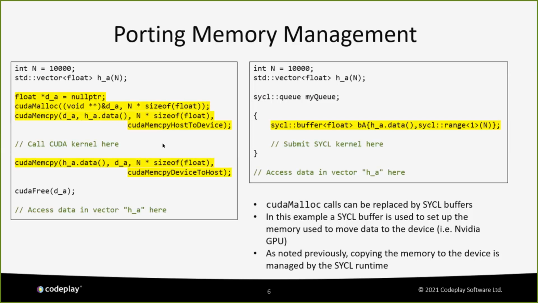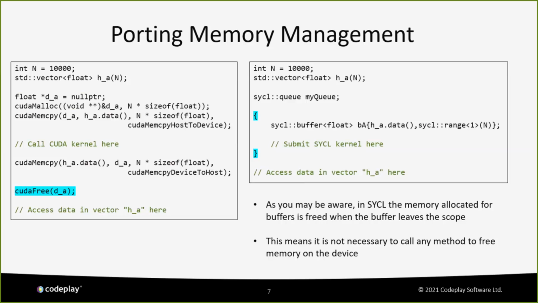Here we're replacing the CUDA malloc and memcopy calls with just a single SYCL buffer. So that buffer is constructed with the host data, and the SYCL runtime will automatically handle copying and allocation and destruction of the data for us.